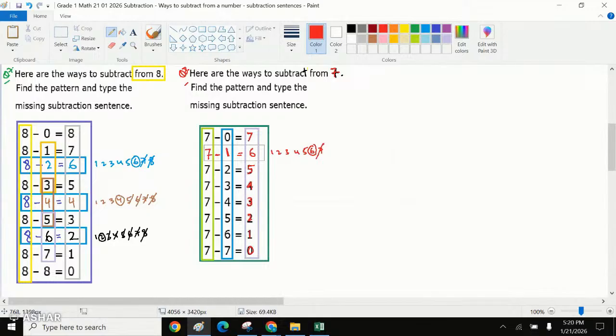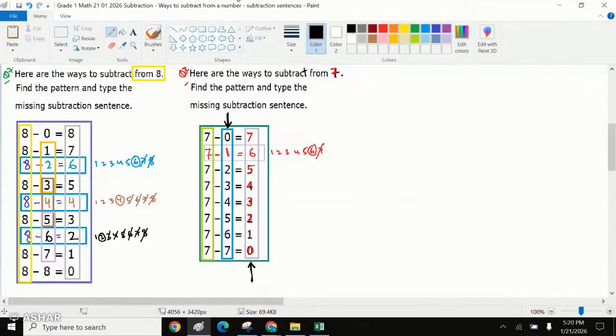Okay, let's look at something else. If we are subtracting the numbers in this order, 0, 1, 2, 3, 4, 5, 6, 7, then the answer would be in this order. Can you see this? 7 minus 0, 7 minus 1, 7 minus 2.